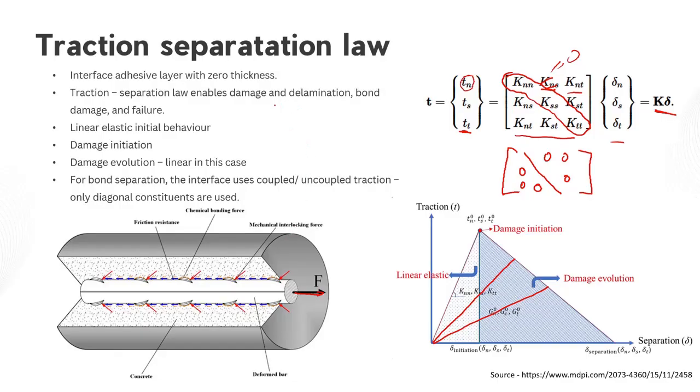And from the traction separation law, in this stiffness matrix there is no association of the damage, but it will be discussed later, because right now we are talking about this area from point zero to the point where the damage will initiate. Once I move forward from this point, there will be some damage that needs to be represented in the stiffness matrix using a scalar in the form of the damage.